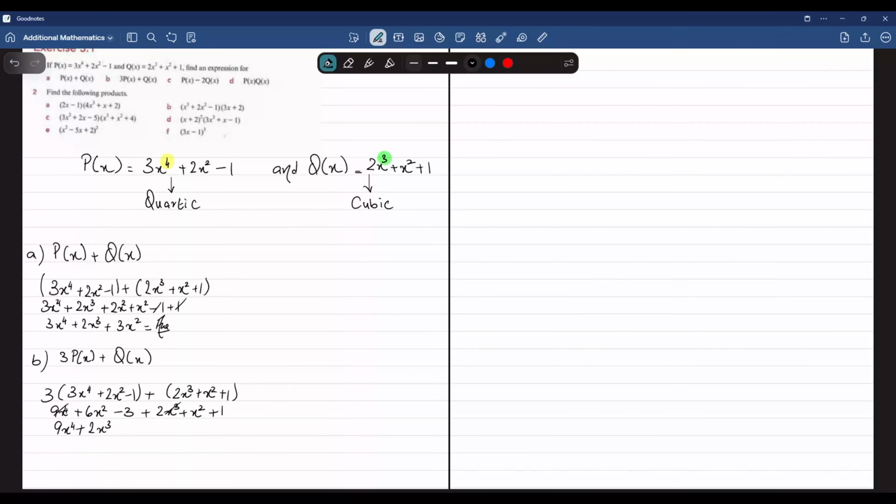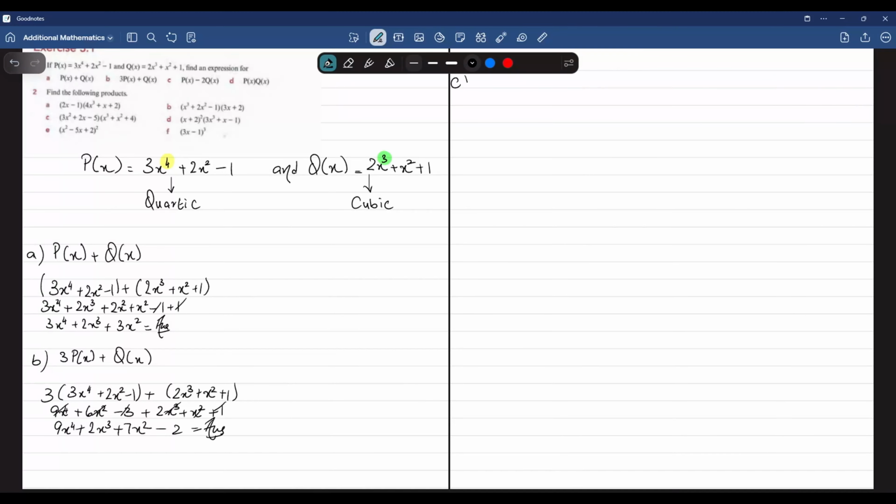Plus 6x squared plus x squared, just going to write this as it is, 7x squared. Minus 3 plus 1 is going to be minus 2. So this is basically your answer for part B: 9x raised to the power 4 plus 2x cubed plus 7x squared minus 2.